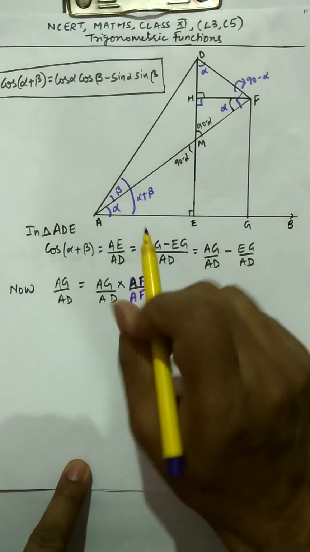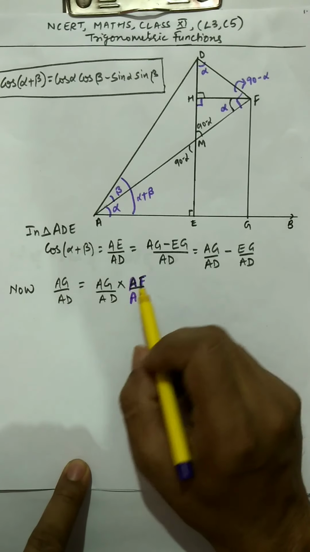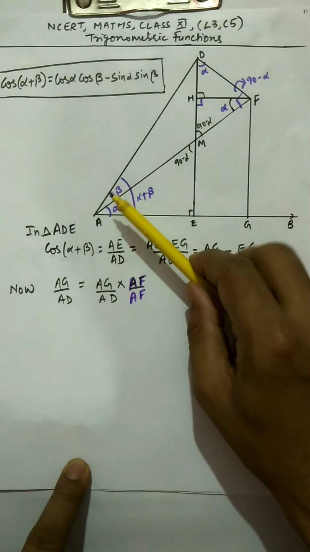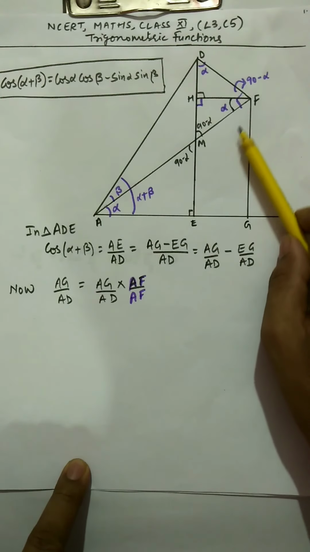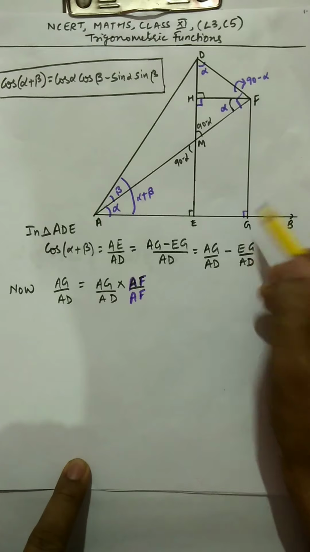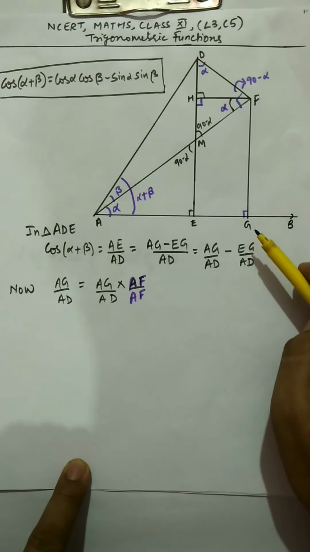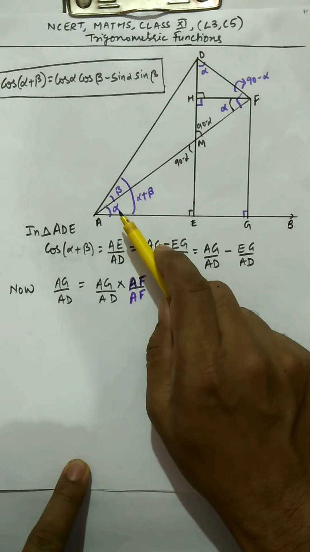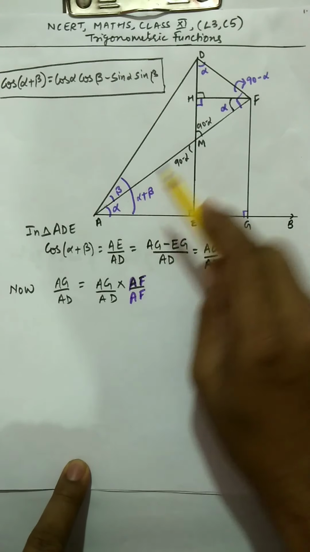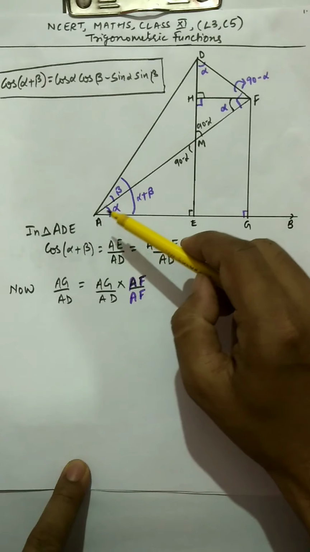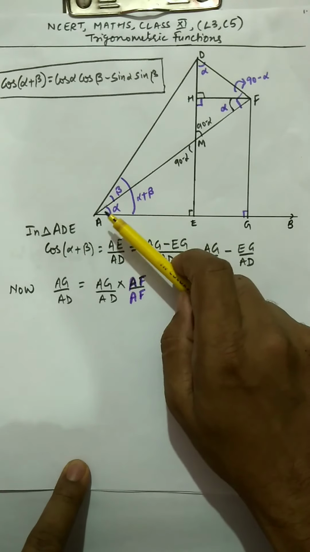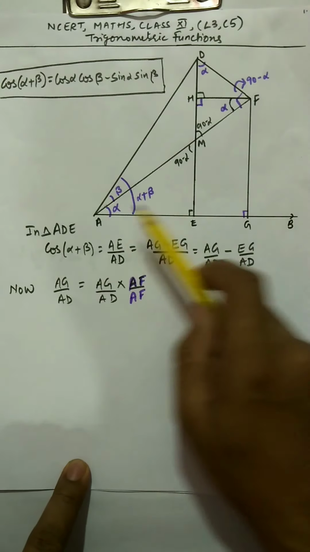So AG upon AD, you can multiply and divide by AF. Why am I taking AF? There is a reason, because if I consider this right angle triangle, there is one more right angle triangle, AFG. If I take this right angle triangle, then I'll get this individual angle alpha. And next I have to take the triangle ADF also, but now we'll focus on AFG.